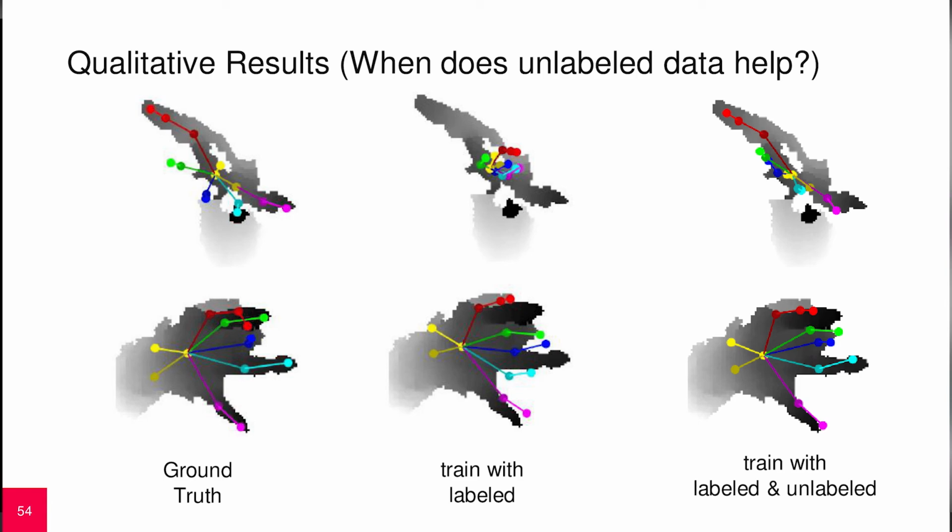We only use 100 labeled samples in this case, and the rest unlabeled. We get a significant improvement in these qualitative results for exactly these cases where there are a lot of distortions, so where the domain gap is rather big. So for overcoming this domain gap, this unlabeled data is quite important.